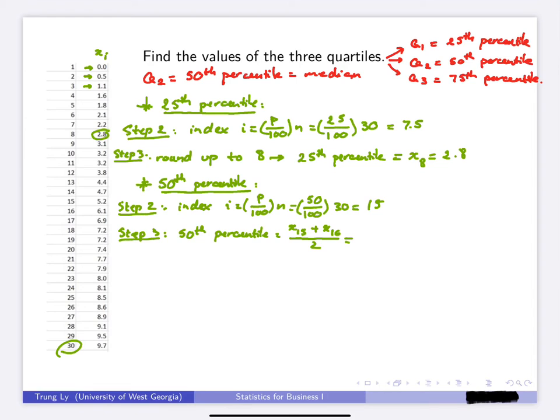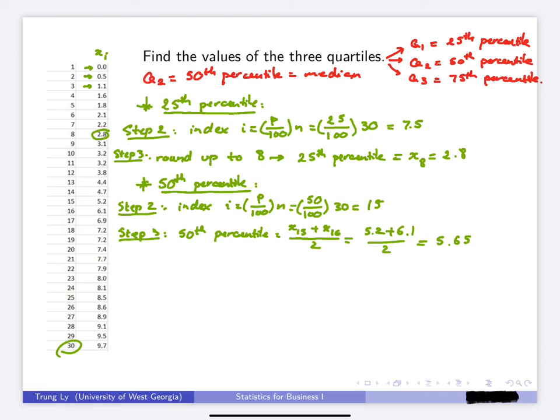That is 5.2 plus 6.1 divided by 2. That gives us 5.65 as the value of the 50th percentile.